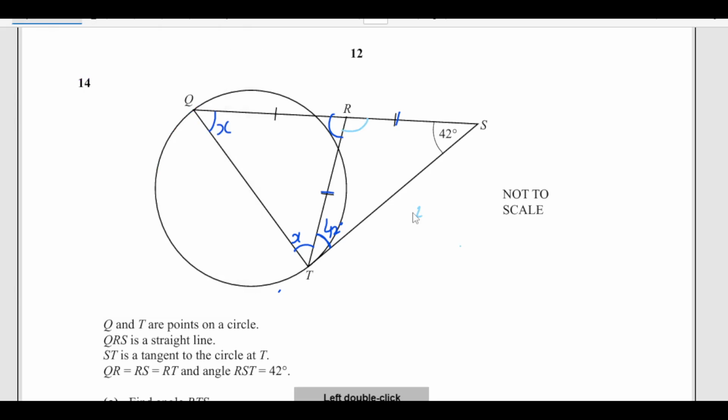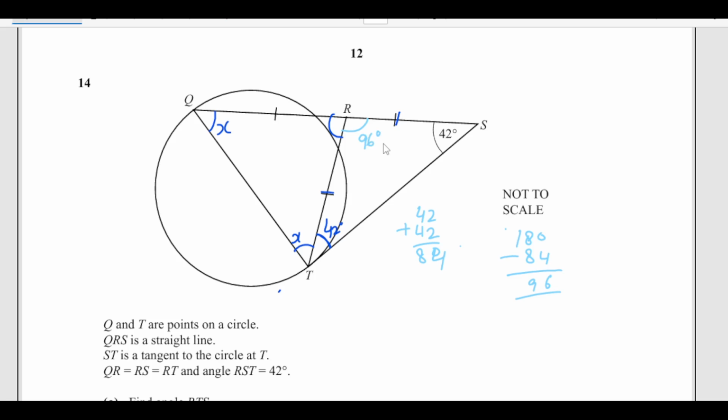So this is 42 plus 42, which is 84, right? And the sum of all the angles of a triangle is 180. 180 minus 84 is 96. So this angle is 96.